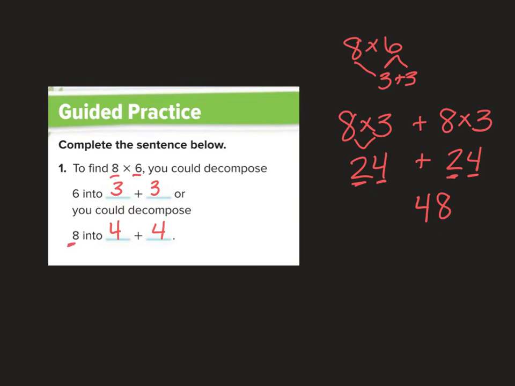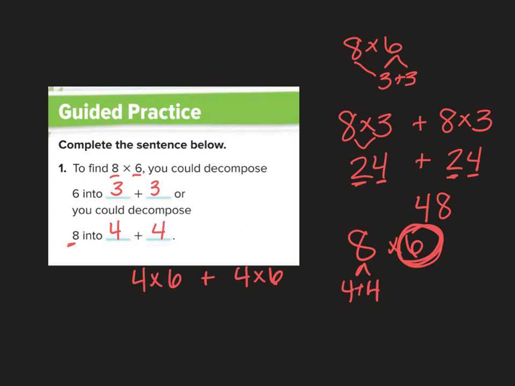What if I decomposed 8 into 4 plus 4? So I took 8 times 6. I broke 8 into 4 plus 4. So then I would be doing 4 times 6 plus 4 times 6. I have 2 6s because I didn't break that up.